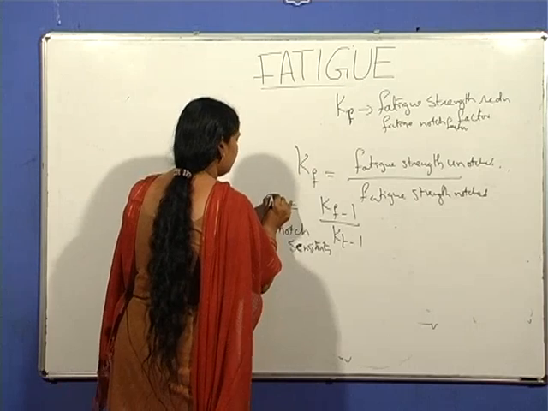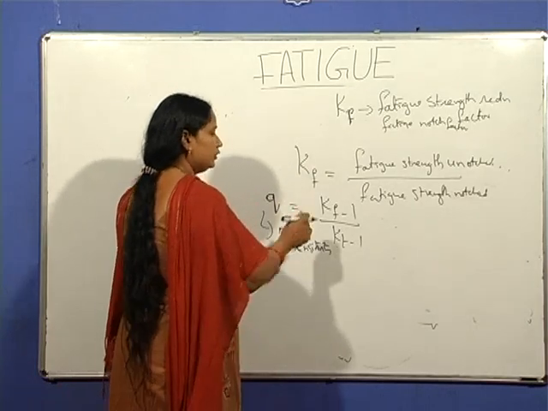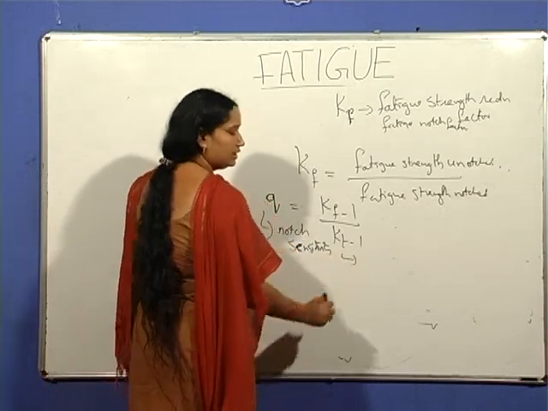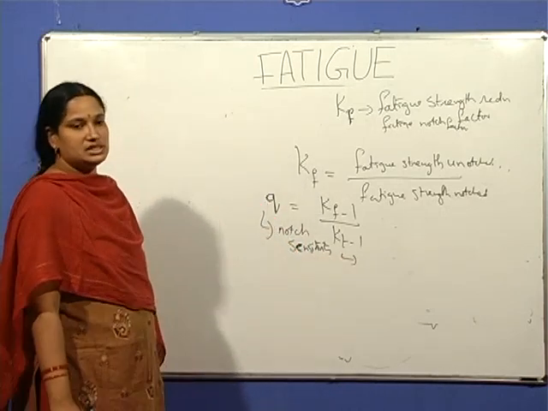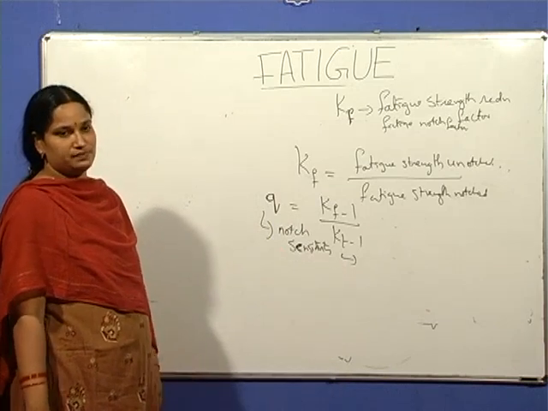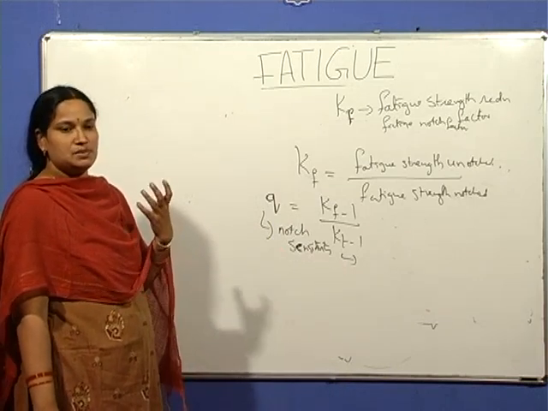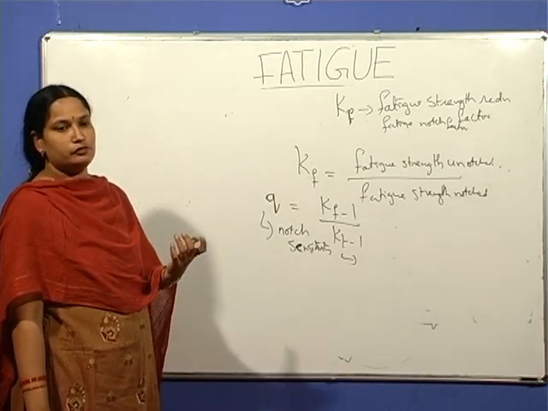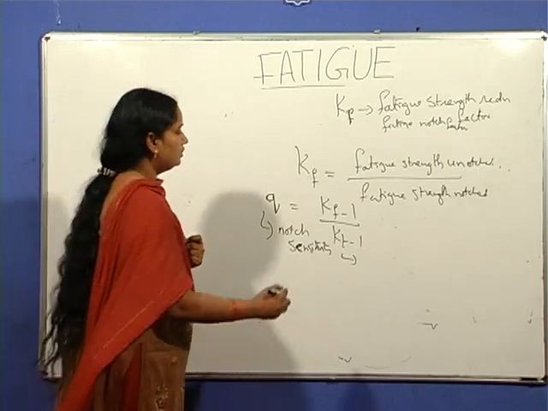So, notch sensitivity is related to the fatigue notch factor, where Kt is the theoretical stress concentration factor, which is given by sigma maximum divided by sigma nominal, that is, the maximum stress in the vicinity of the notch to that of the nominal stress.